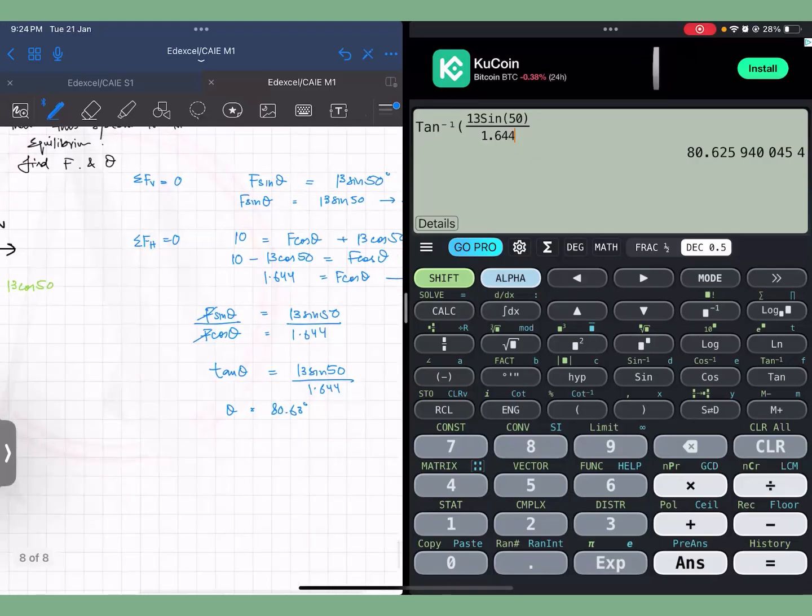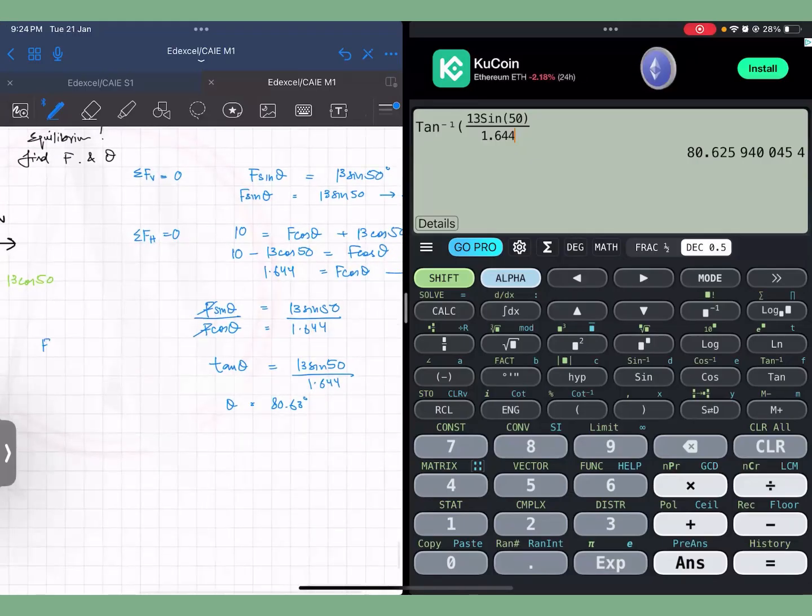So F sine 80.63 is equal to 13 sine 50. So now you can find your F value as well from here. So 13 sine 50 upon sine 80.63. So you're getting 10.09 Newton. This is how you would do it.